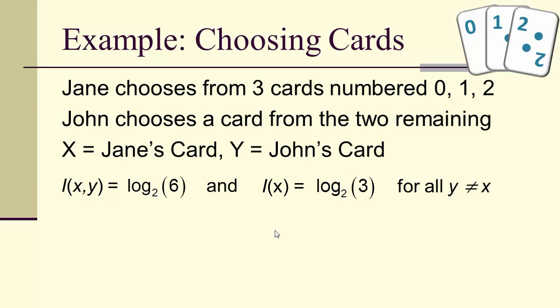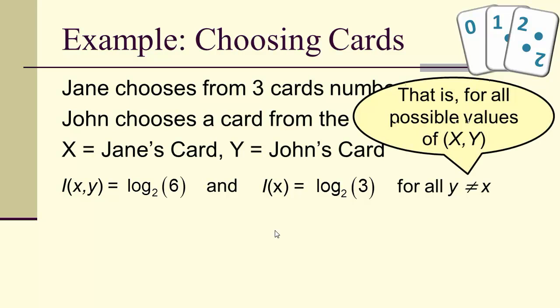So what do we have? We have the joint information is the log base 2 of 6, and the information for x itself is the log base 2 of 3. And this is the information for all possible values of x and y, because y is not allowed to equal x the way these are chosen. And now we look at the conditional information of y given x.